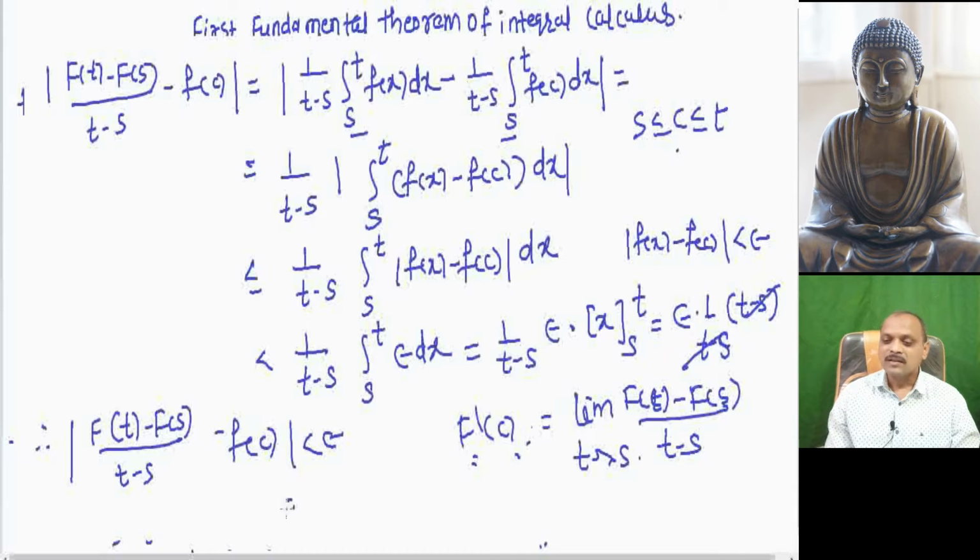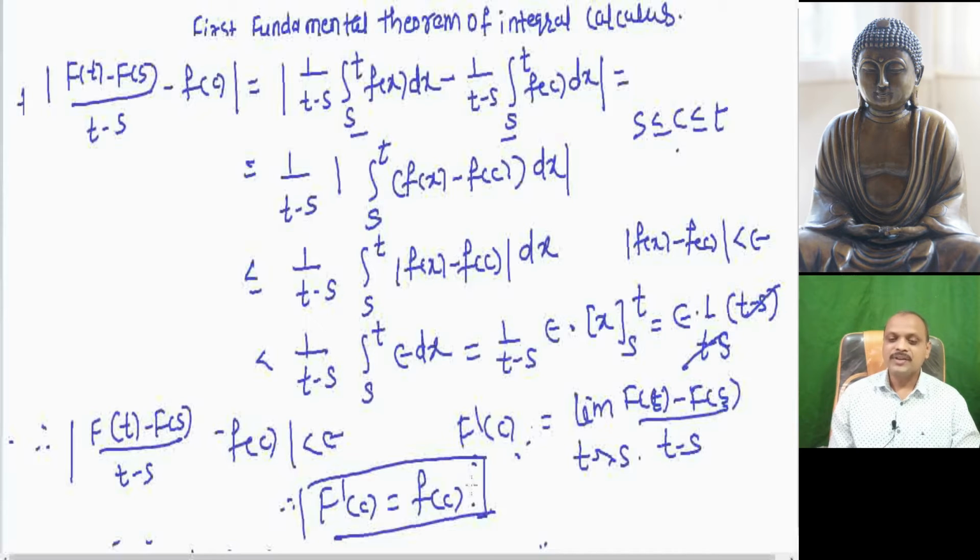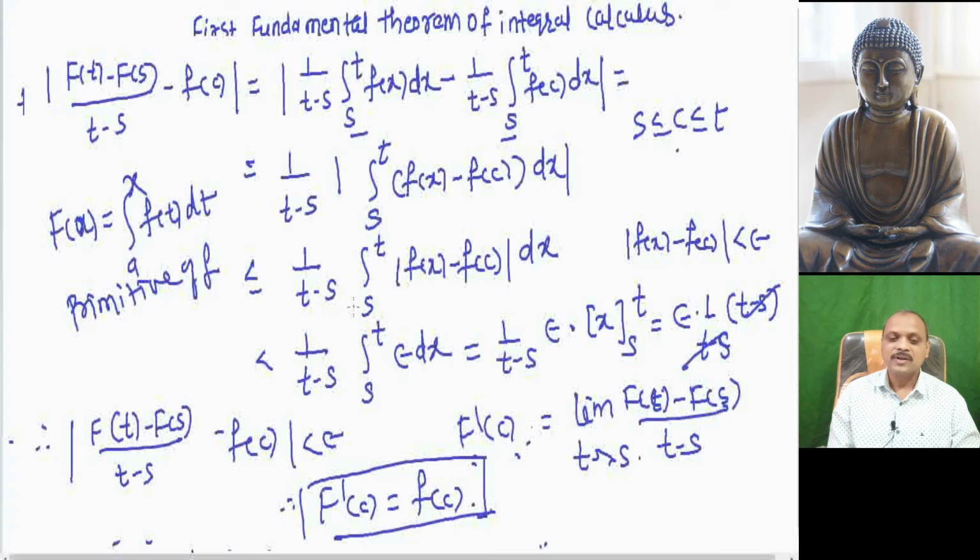So this is nothing but F dash of c, and this shows that in the limiting case F dash of c equals f of c. So the derivative of the function is f of c. This function which we have defined, F of x, whose definition is integration a to x f of t dt, is called a primitive of small f.